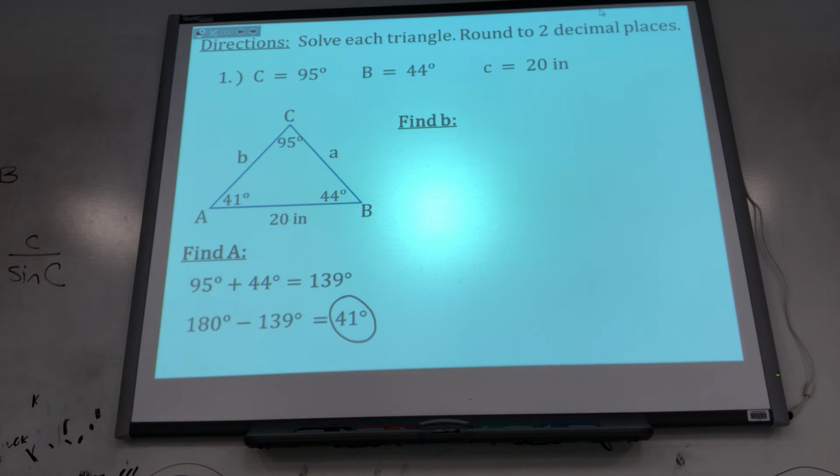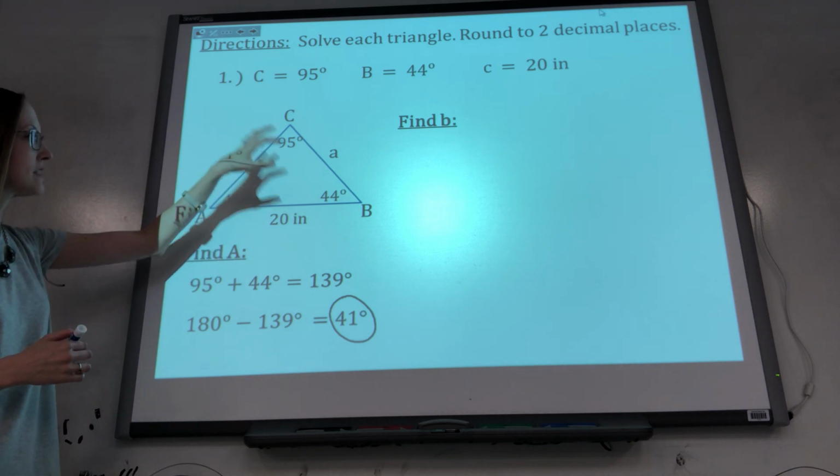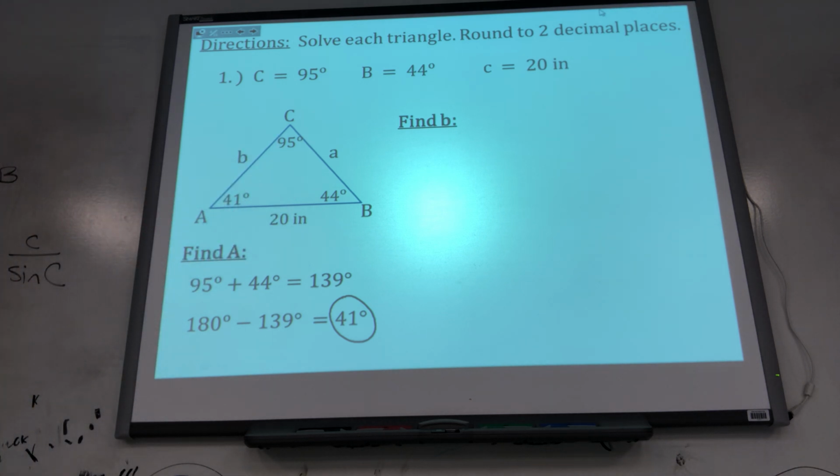Okie doke. Now, when I go to find a side in these problems, I'm going to have to use the law of sines. Okay, these are not right triangles, so at no point can you use the Pythagorean theorem. Those only apply to right triangles. This is an oblique triangle. So to find a side, I'm going to have to work with this.